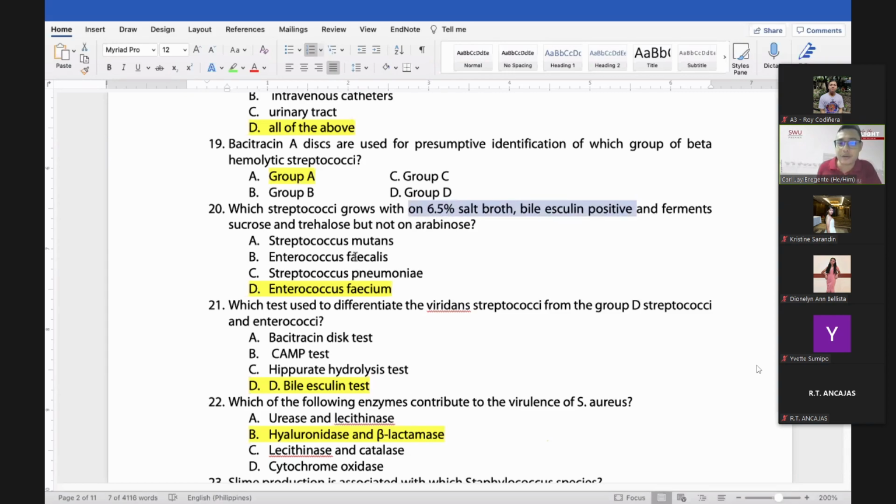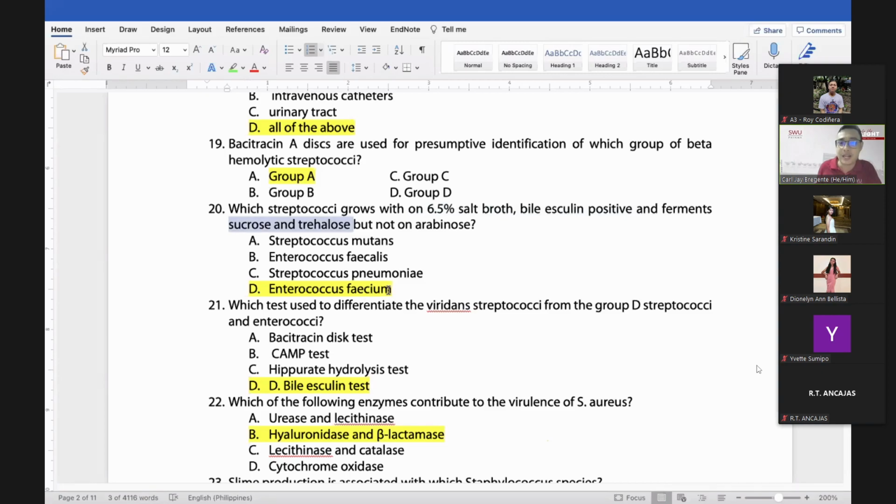Since you have two Enterococcus choices, you are further given sugar identification. So if the sugars fermented are only sucrose and trehalose, then that is faecium.